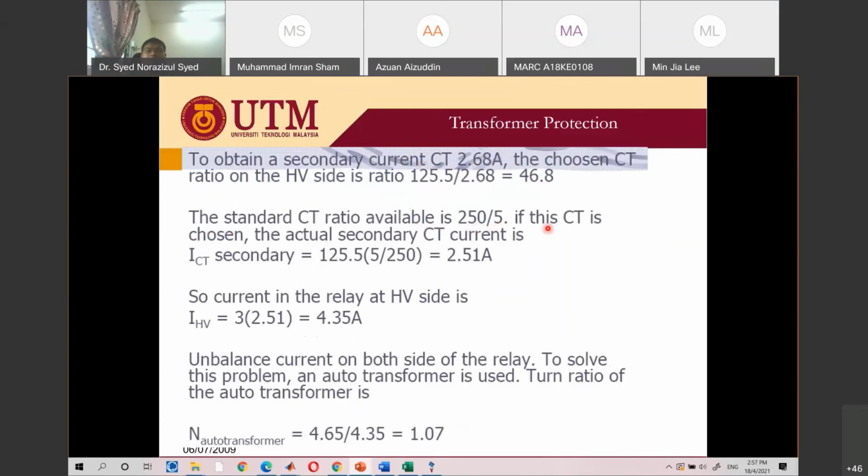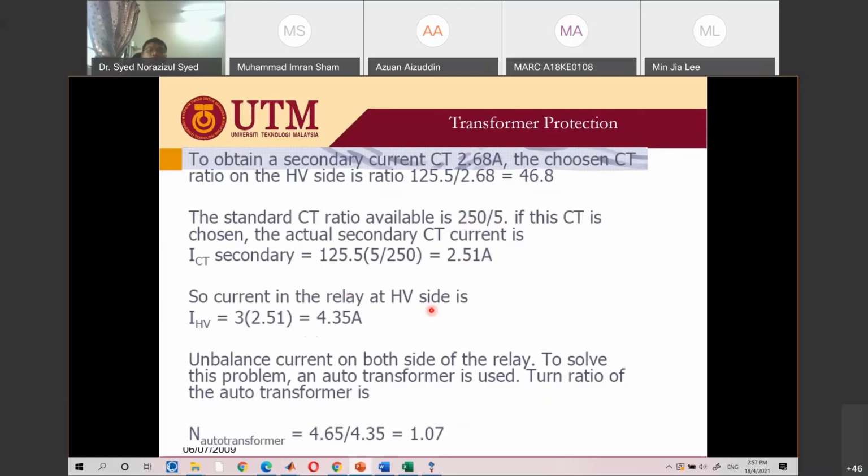If this CT is chosen, the actual secondary CT current ICT is 1 to 5.5, so the maximum is only 2.51. I think they chose too high a CT ratio in practical terms. We should choose 100/5 rather than 250.